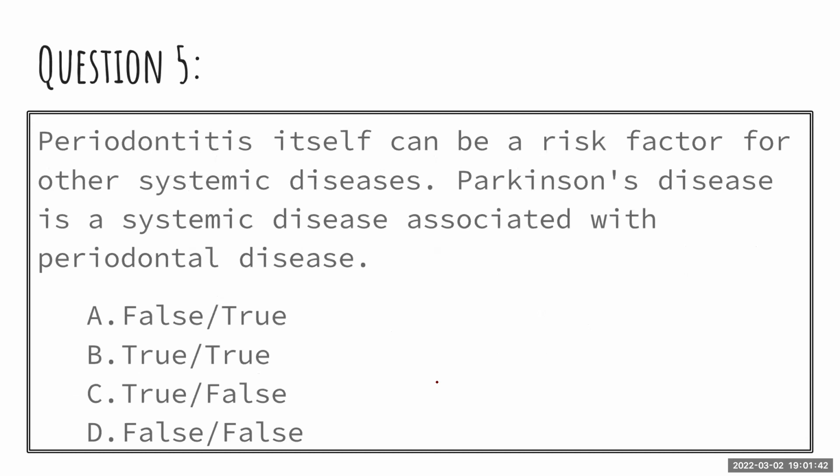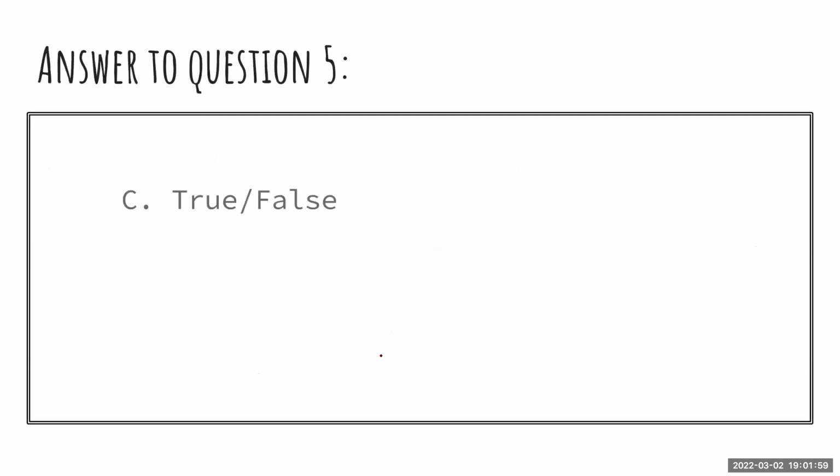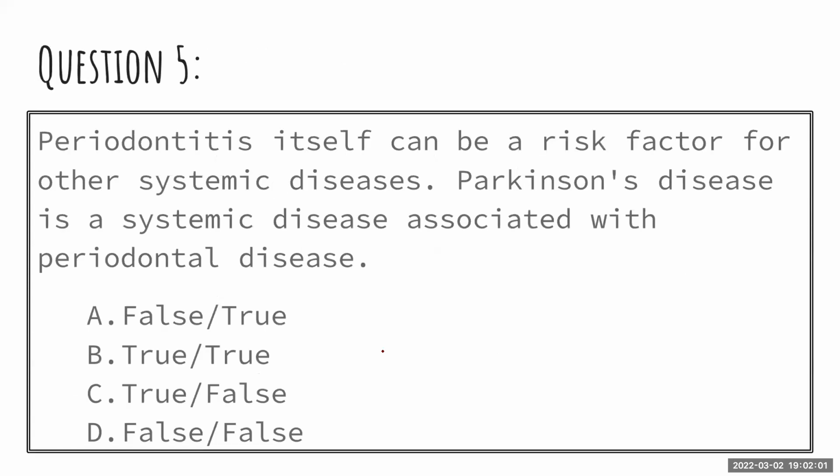Periodontitis itself can be a risk factor for other systemic diseases. That's a true or false. Parkinson's disease is a systemic disease associated with periodontal disease. C. B. Because we talked about the Alzheimer's, the first one is true. Parkinson's disease itself is not associated with periodontal disease.